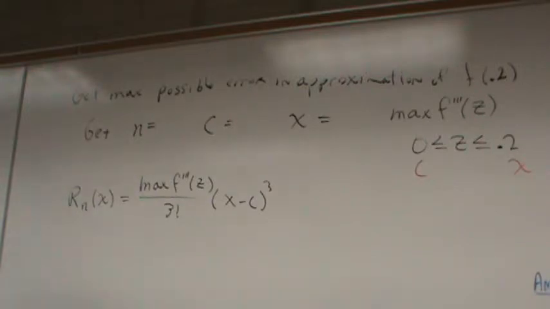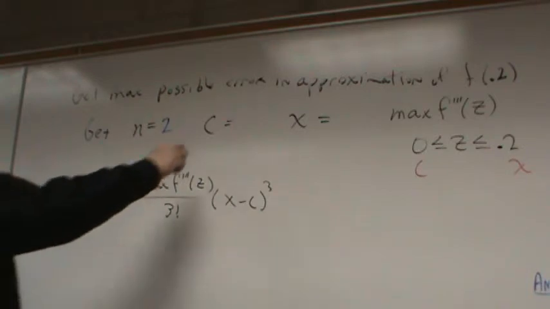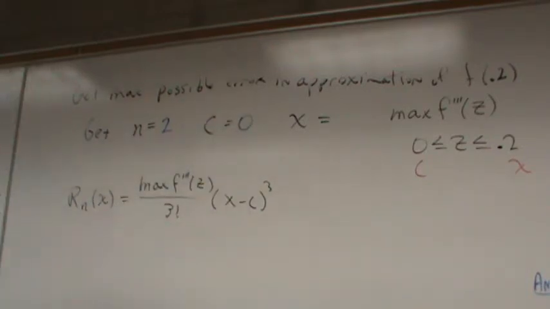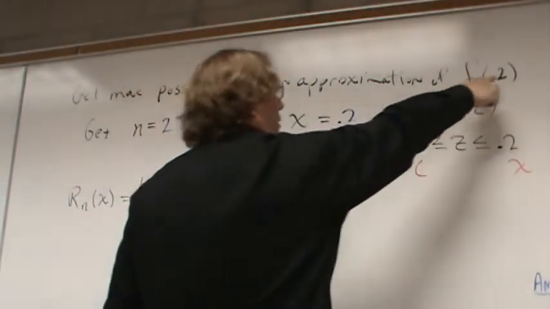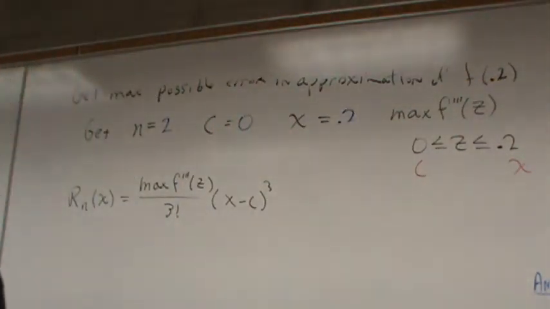By now, I'm hoping you've identified your n as 2, because this is a second order approximation. Your c is 0, because it's centered at 0. Your x is 0.2, because they tell you you're getting the maximum possible error in f of 0.2.